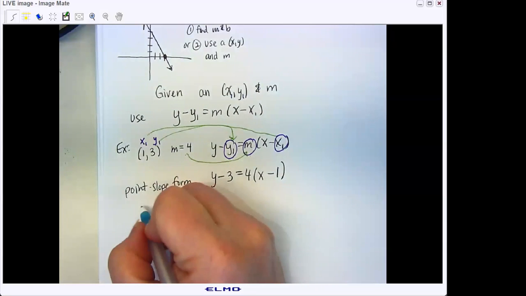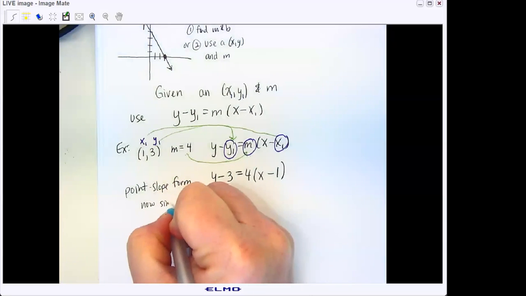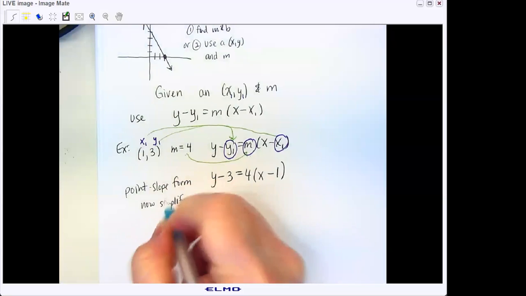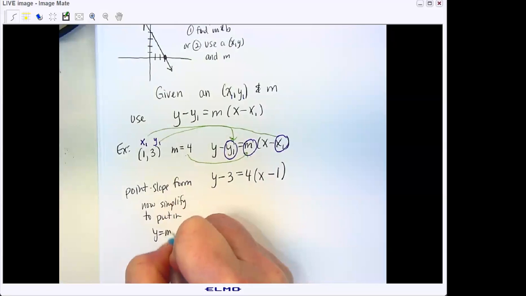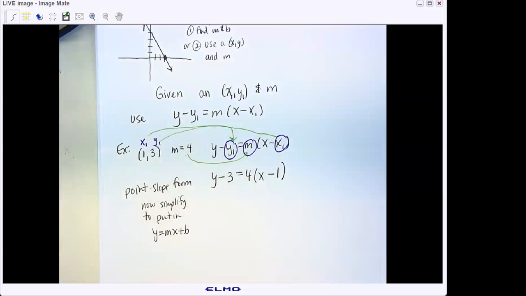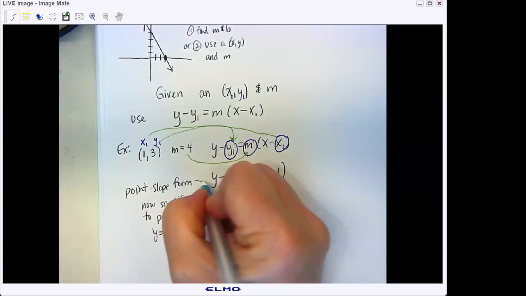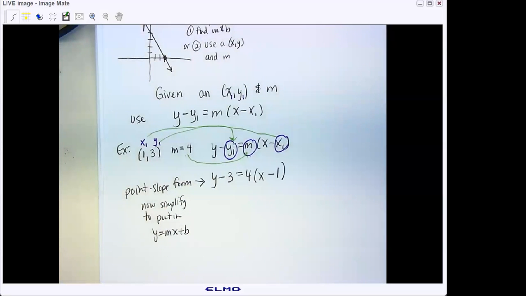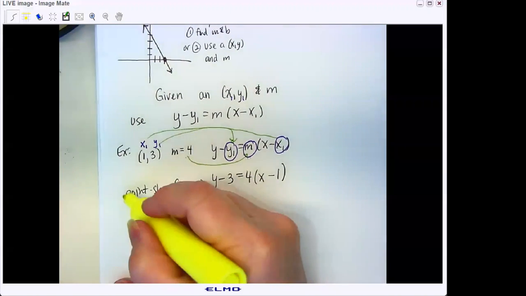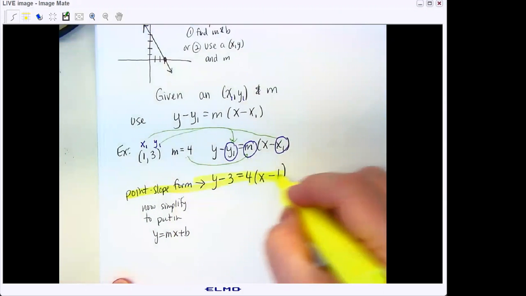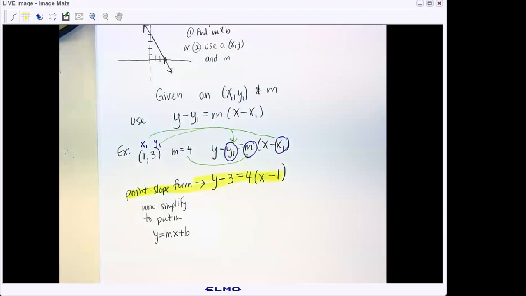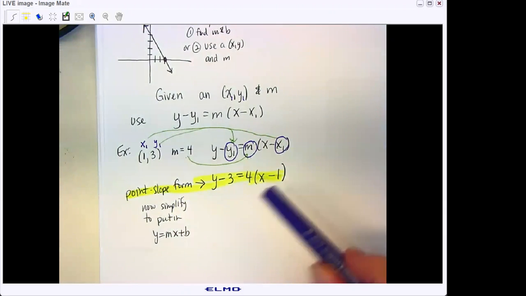Now we're going to simplify to put it in y equals mx plus b. So this right here is point slope form. How do I get rid of parentheses over here?